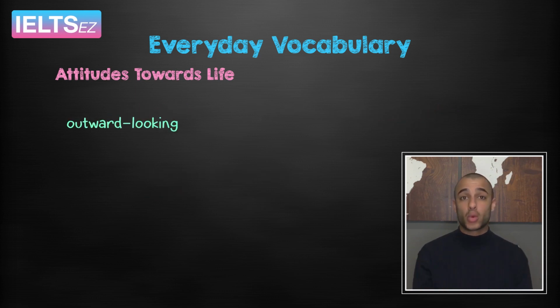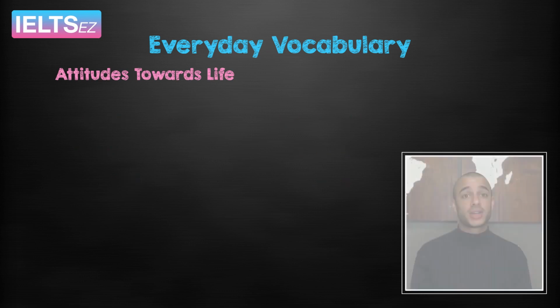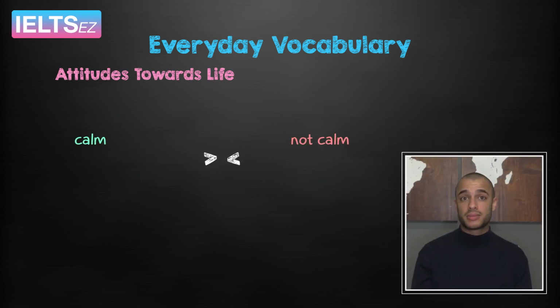Next, outward-looking or expressive means extroverted, and inward-looking or contemplative means introverted. Say them with me. Extroverted and introverted. And now we have calm or not calm, and they mean relaxed or tense.